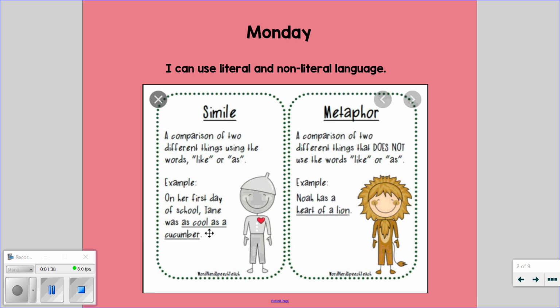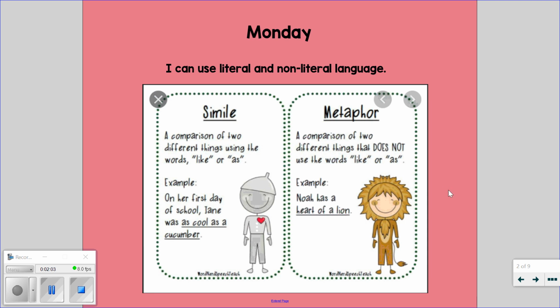Notice they use the word as to describe Jane on her first day of school. A metaphor is a comparison of two different things, and they do not use the words like or as. An example would be Noah has a heart of a lion. So that's a simile and a metaphor.